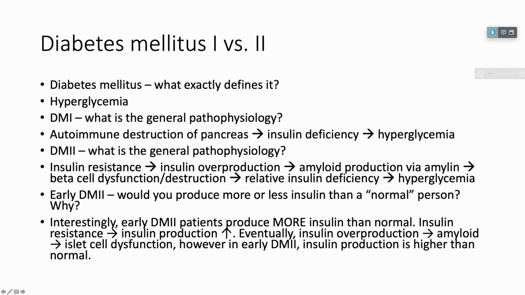I never really thought of diabetes type 2 as, oh, I'm actually making more insulin than normal, but that's actually what you see. And even pre-diabetics, right? When they say you're pre-diabetic, that's really probably where the insulin production is highest. And so the point is that over time, because of that amyloid production, you get beta cell dysfunction, and that causes you to not be able to produce enough insulin.